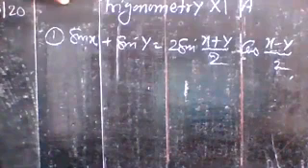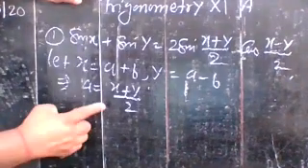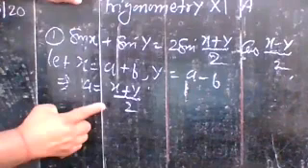Understand? So if you add these two equations, b cancels out, and you have the value of a as (x plus y) by 2. And if you subtract these two, a cancels out, and the value of b is equal to (x minus y) by 2.